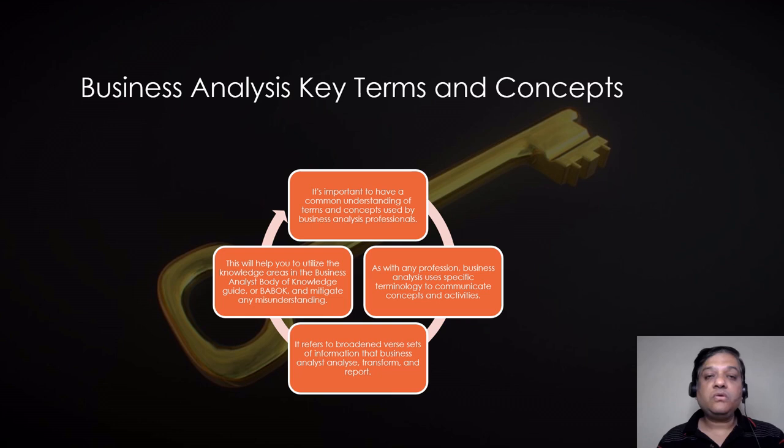Now that you know the key terms in business analysis, let's focus on the core concepts as outlined in the business analysis core concept model. The business analysis core concept model displays the captioned way of the BABOK guide.